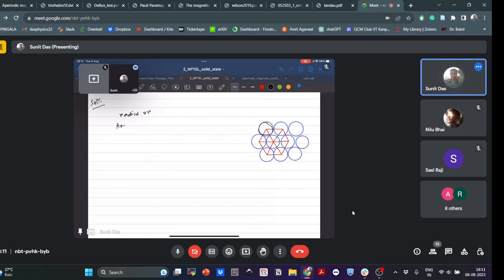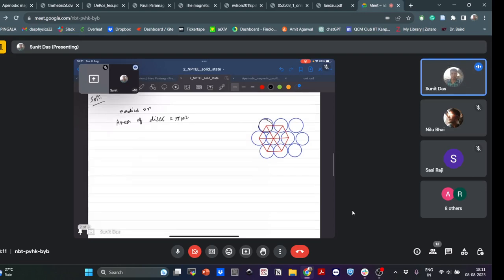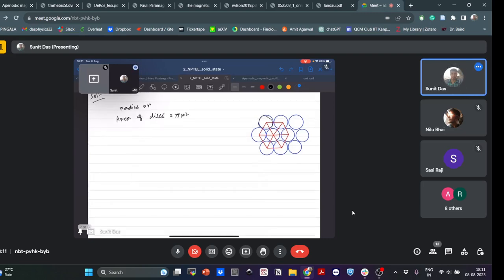Then the area of each disc will be pi r square. Now observe that with two circular discs, this and this, let's say this is the diameter of a particular disc, so 2r, and these diameters form an equilateral triangle like this one, right?